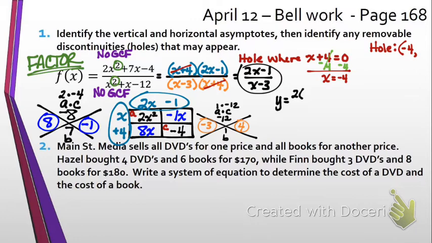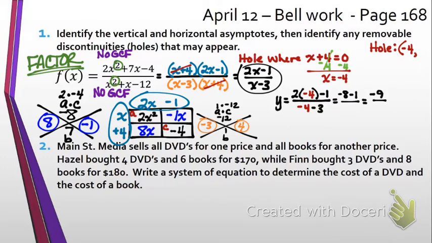So 2 times negative 4 minus 1 over, and then I'm going to put negative 4 in here also. So anywhere there was an x, I'm filling it in with the x part of the ordered pair for the hole. What is 2 times negative 4? Negative 8. Negative 8 minus 1, negative 9. So I have negative 9 up on top.